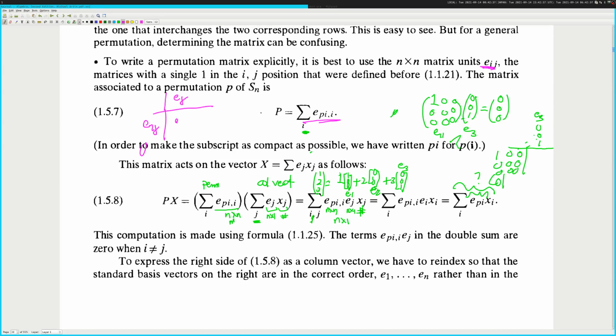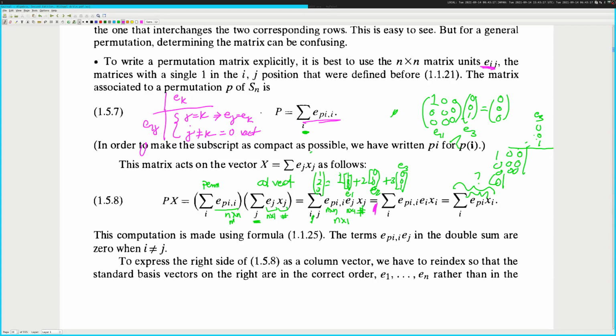This will equal E_k. I'm going to put a case statement in here. If j is equal to k, then this is E_j, which is equal to E_k. If j is different from k, this is going to be the 0 vector. That's the whole logic of this equality sign right here.